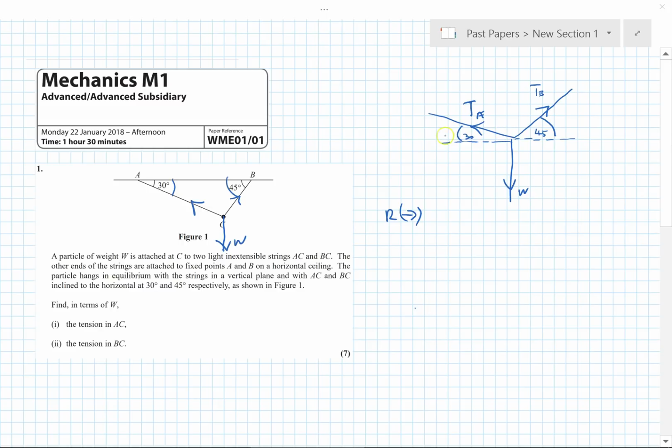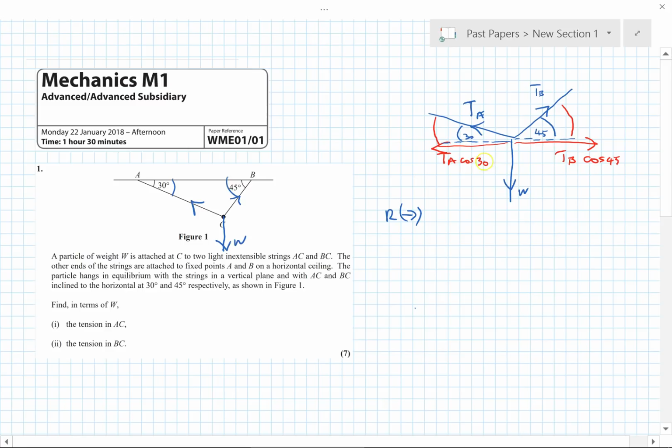Okay, so we're going to resolve horizontally. Let's look at the component of TA. That's TA cos 30, because it's next to this marked angle 30 degrees here. And the components of TB, going in the other direction, the horizontal component is TB cos 45 degrees, because we're next to the marked 45 degrees angle there.